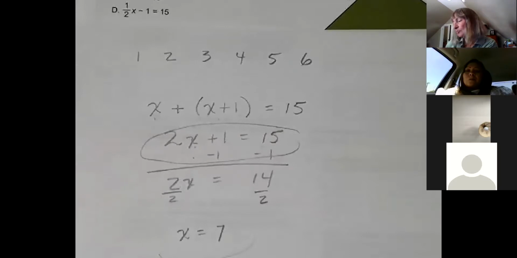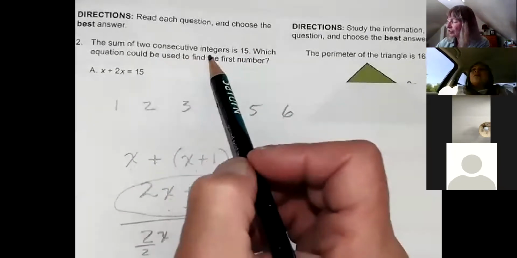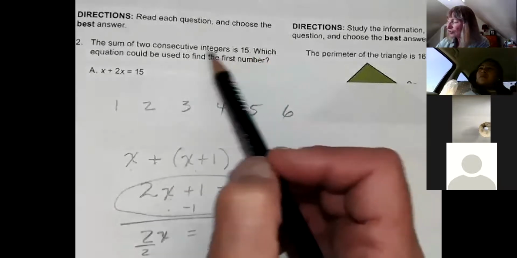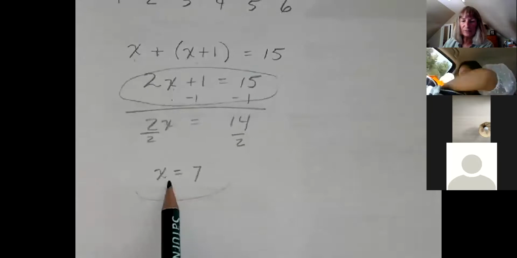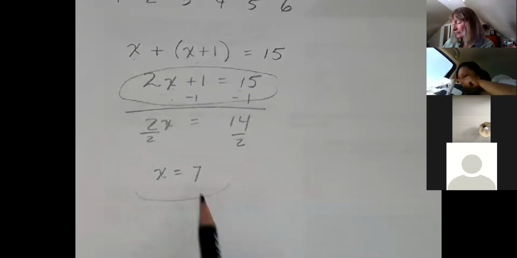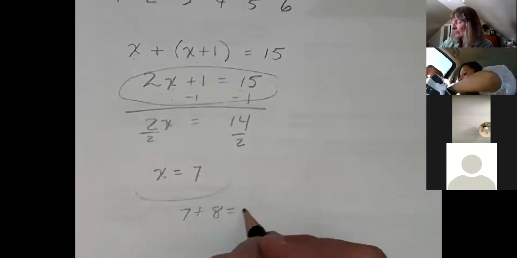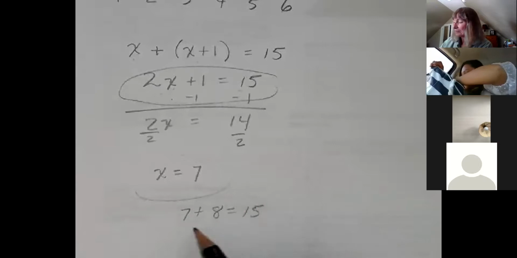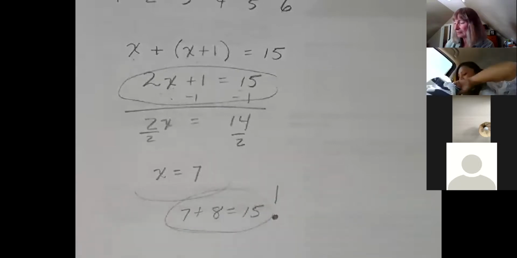You have to go back to the problem. The problem says consecutive integers. What would you do to find the first number? The first number is 7. The next number after 7 is 8. Is it true that 7 plus 8 is 15? Yeah, it is.